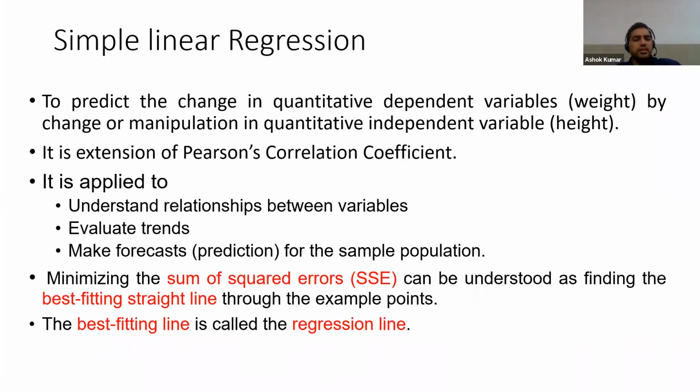Now, simple linear regression. It predicts the change in a quantitative dependent variable, for example weight, by change or manipulation in a quantitative independent variable, for example height. So if we change height and want to see the change in weight, we want to predict, so we have to use simple linear regression.